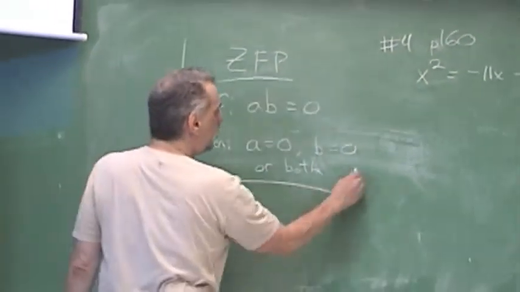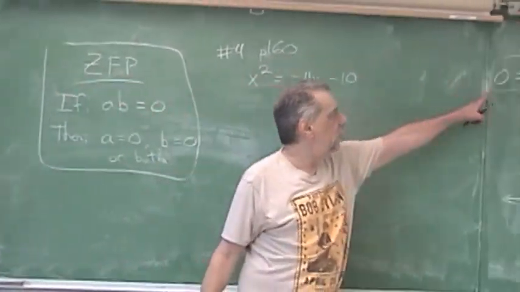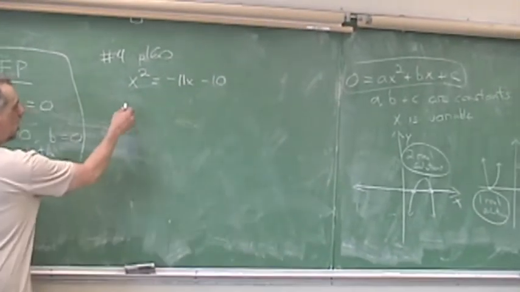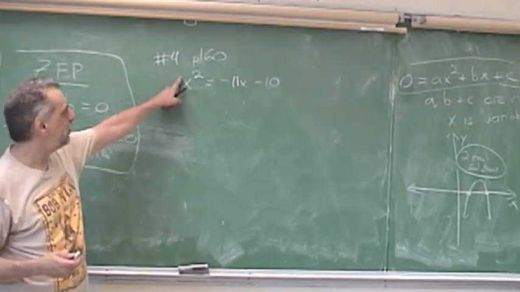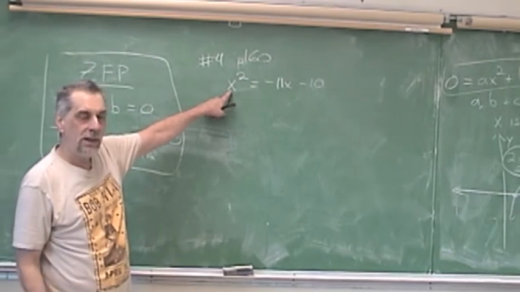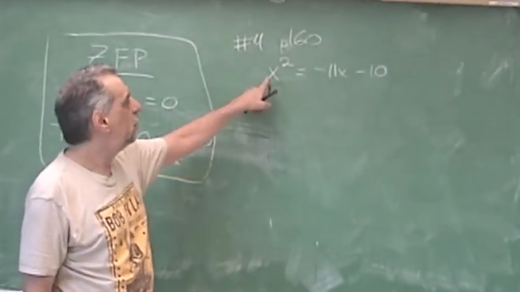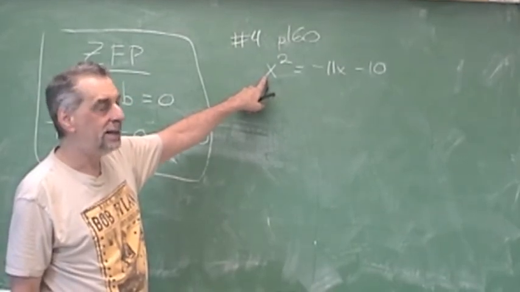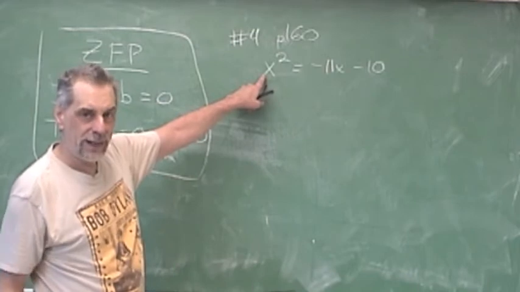So what we're going to do is first put this into this form. We want 0 on one side and everything else on the other. Personally, I like to keep a positive number in front of the x squared term. It doesn't really matter what side you put it on, but I think it's a good practice to keep the positive number in front of the x squared term, the highest exponent.